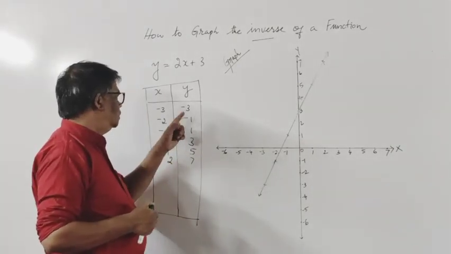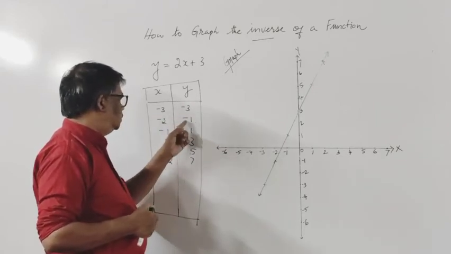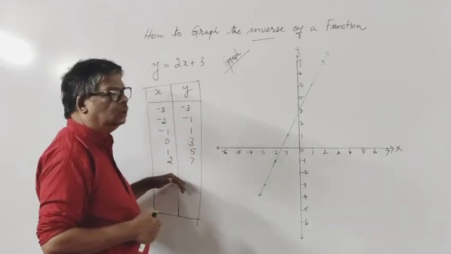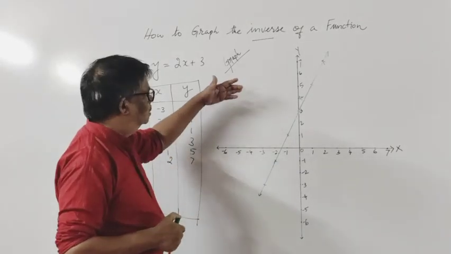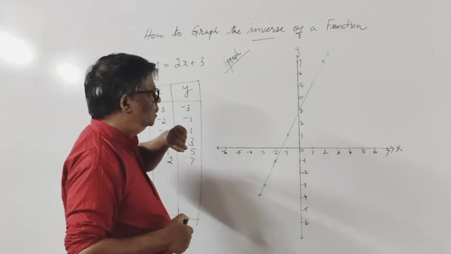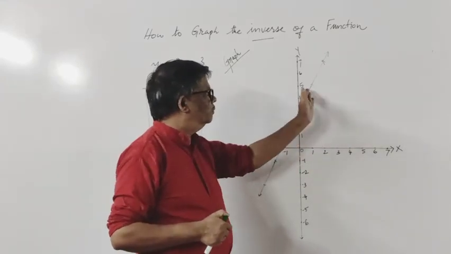Now, to draw the graph of the inverse of this function, we need ordered pairs of f inverse, and that we get by interchanging x and y. Just interchanging these x and y, you will get the ordered pairs of the inverse, and plotting those points and joining the line, you will get the inverse of this graph.